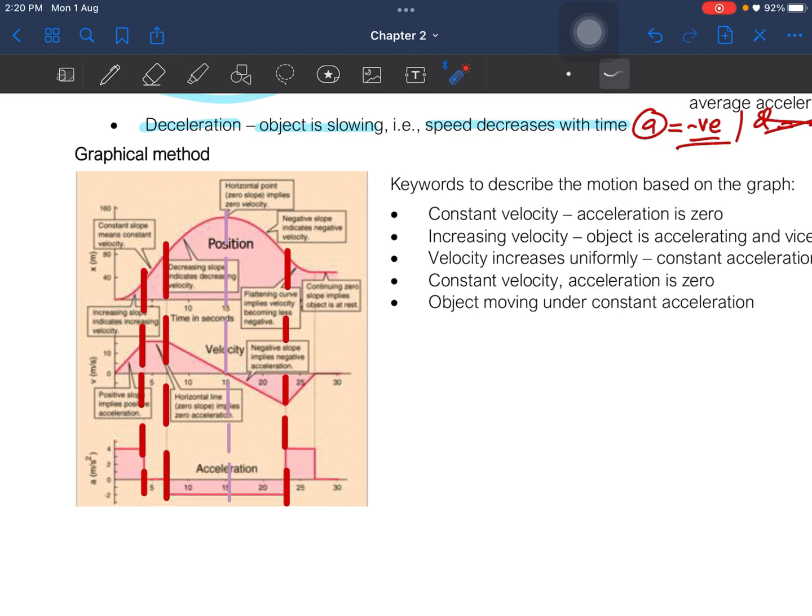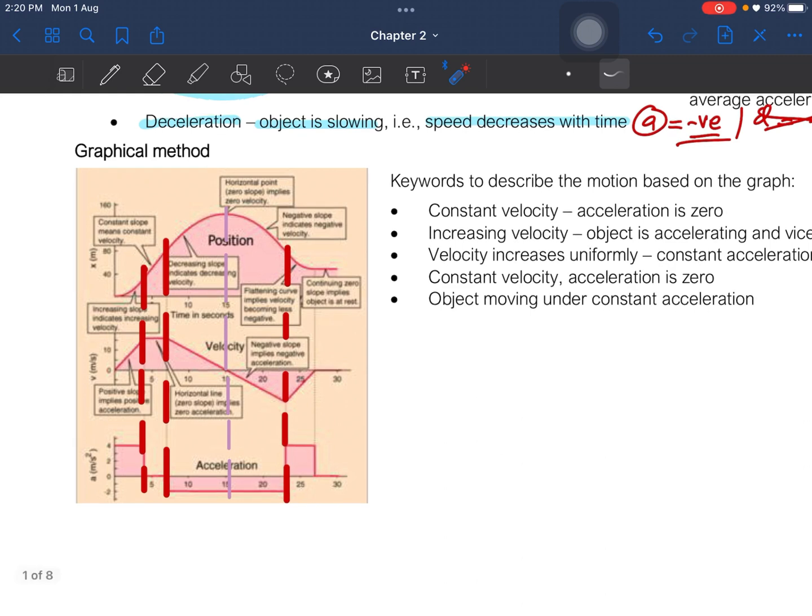The acceleration here is positive because the final value is greater than this negative value here. That's why the acceleration is positive, because it is accelerating and then goes to a stop.